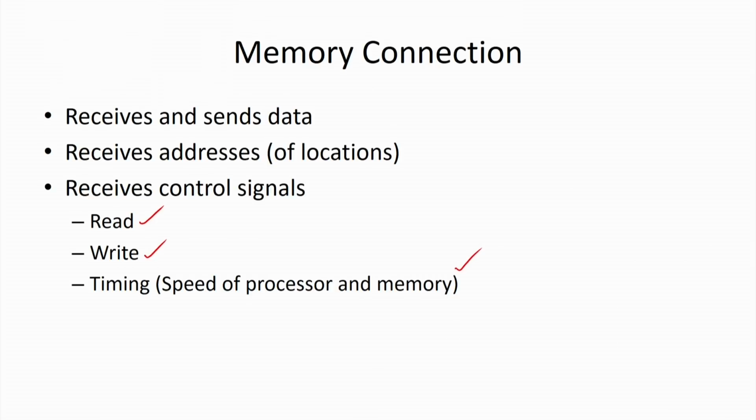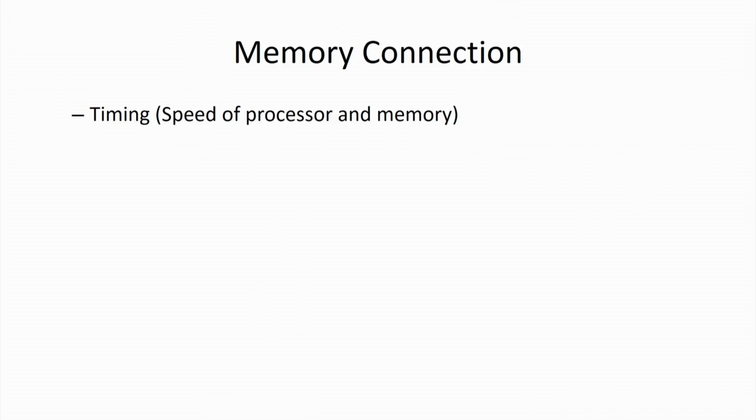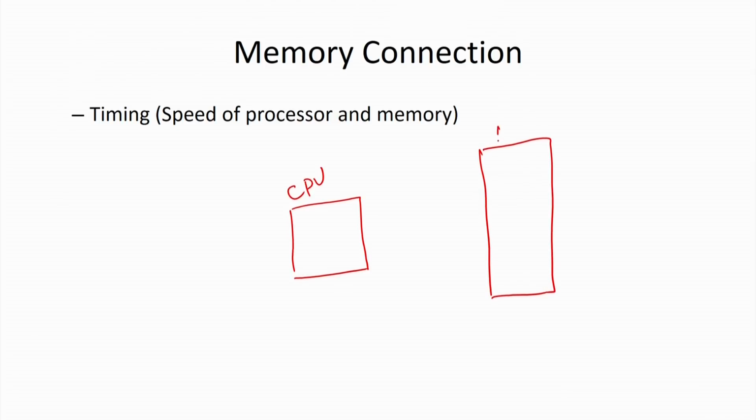Here I want to mention that the speed of the processor and memory is not the same. We have a processor, the CPU, and a memory unit, and they are connected through this system bus.